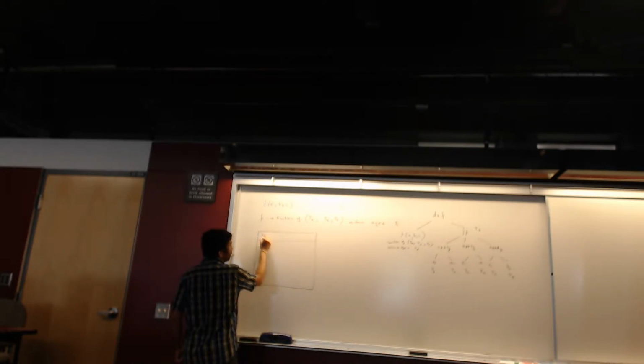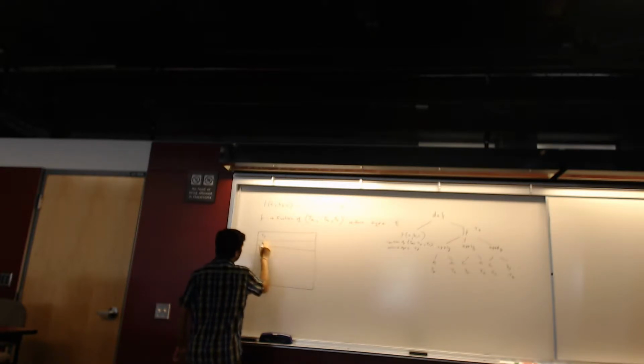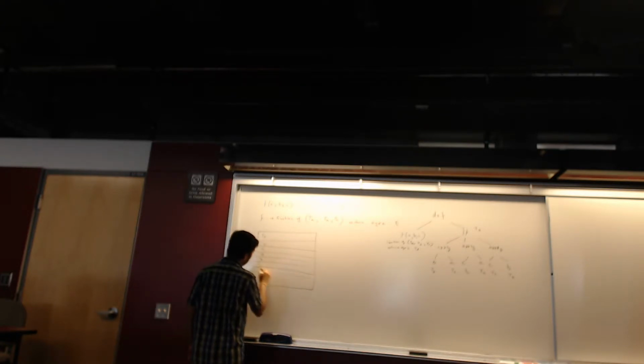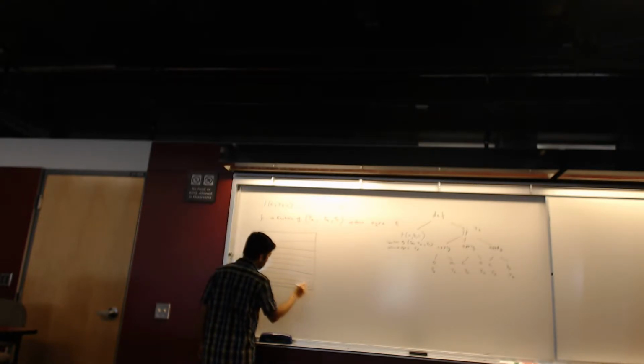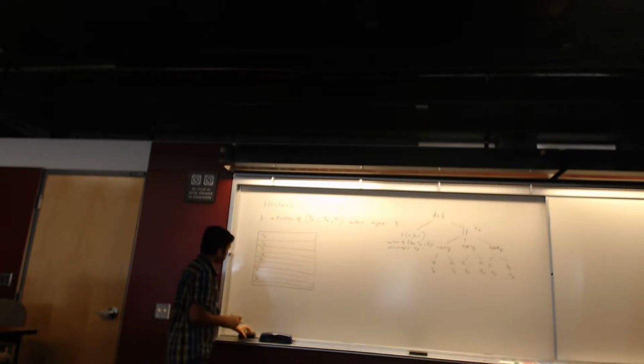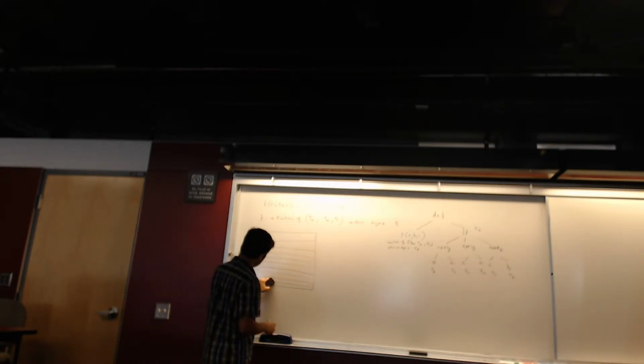So you have TA, TB, TC, TD, then TE. Then you have those variables A, B, C, D, and there is no D, sorry. And you have the function f.